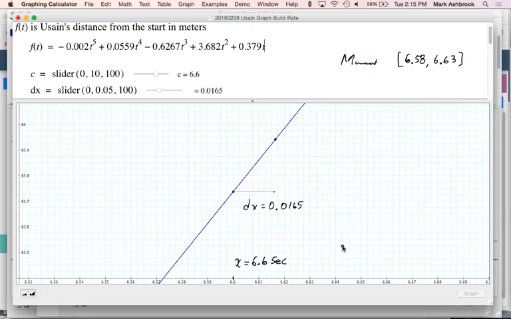Okay, so I want you to represent exactly the coordinates of those two points.